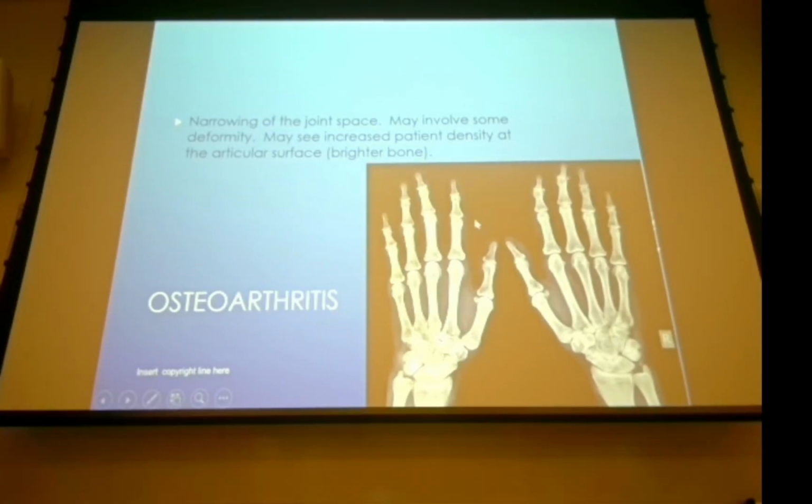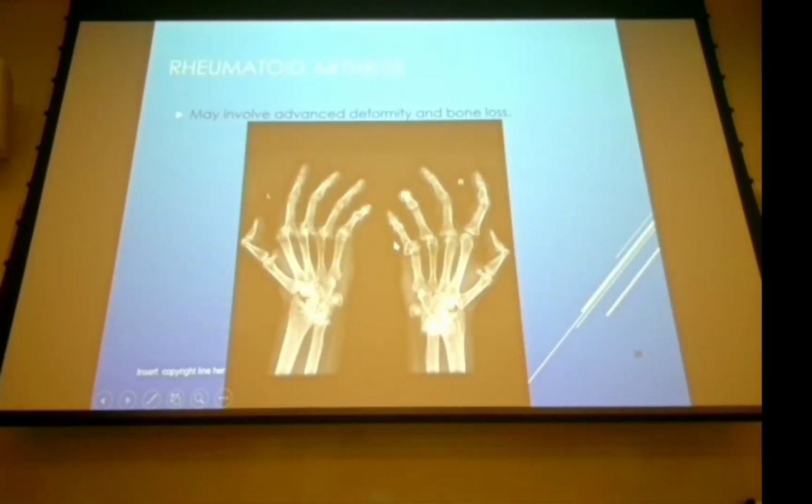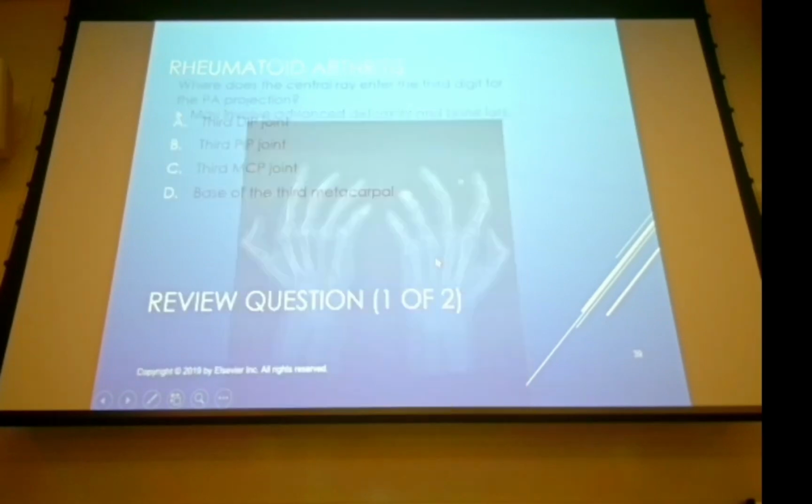That's just normal wear and tear. The articular ends of the bones tend to get a little bit brighter. Rheumatoid arthritis is something totally different. The articular ends get eaten away, and the bones themselves take on an appearance more like the patient has osteoporosis.